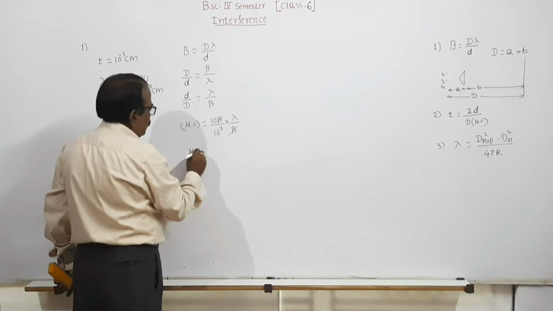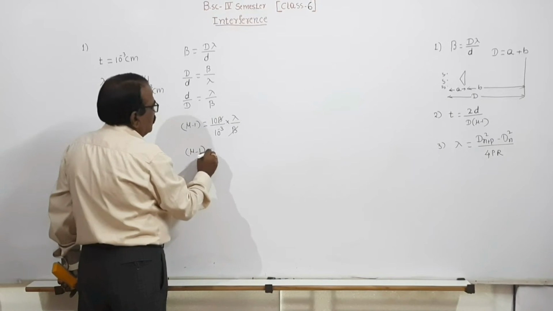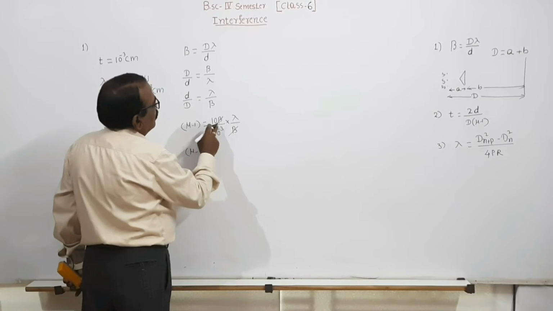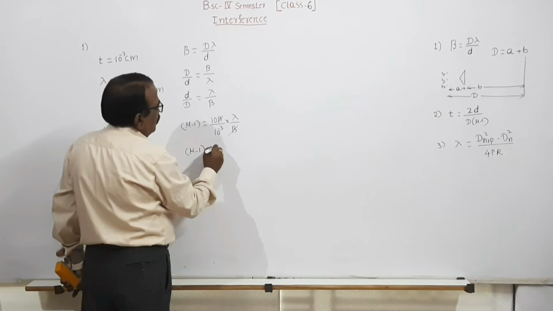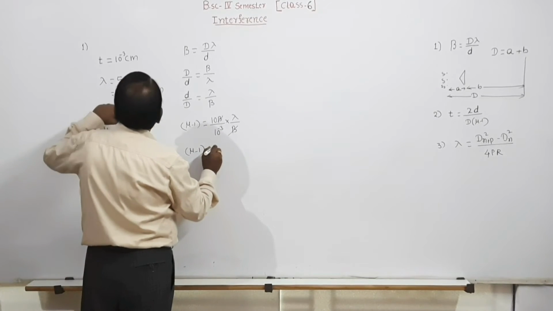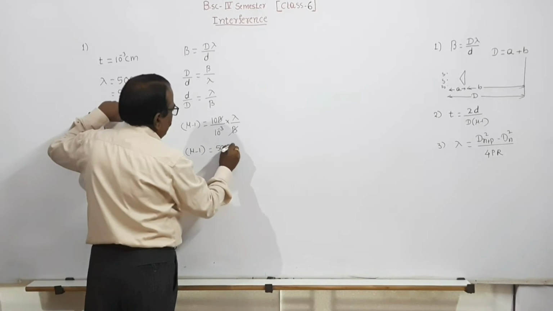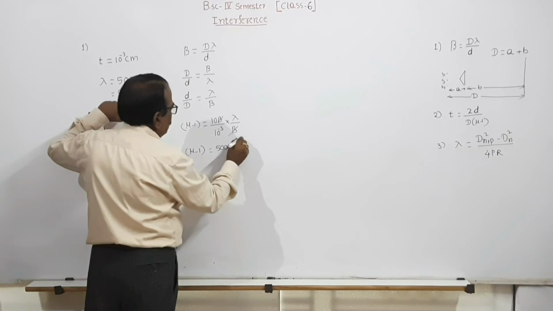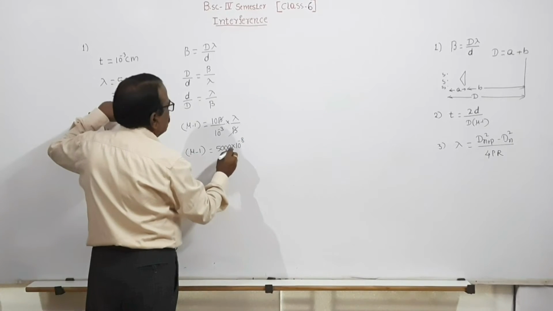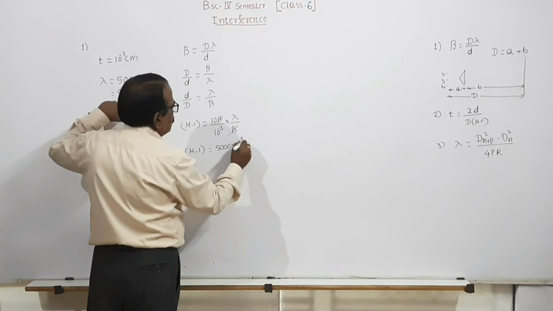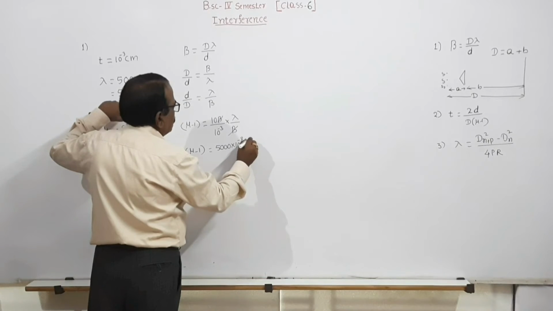Your mu minus 1 is equal to, this lambda is 5000 into 10 raised to minus 8 into 10 raised to minus 4 plus 4.